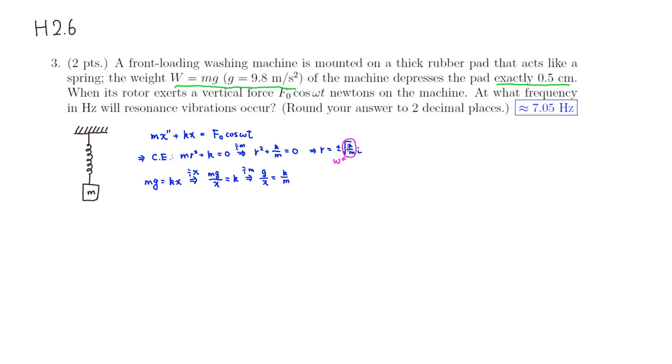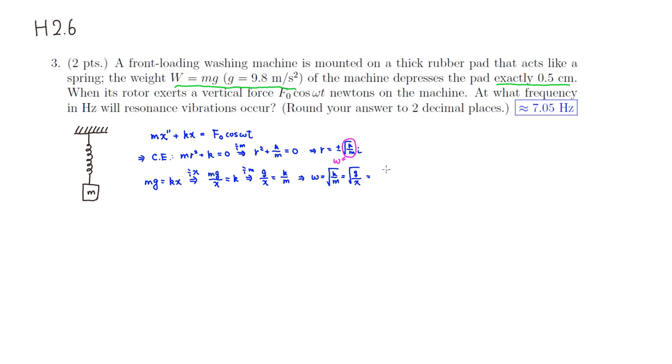Conveniently, what we're looking for is the square root of that. So omega is simply the square root of k over m, which is the same thing as the square root of g over x.